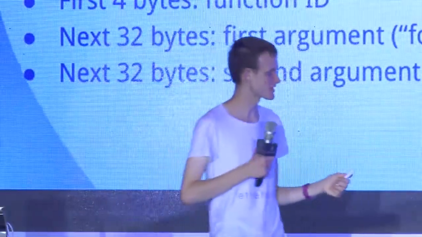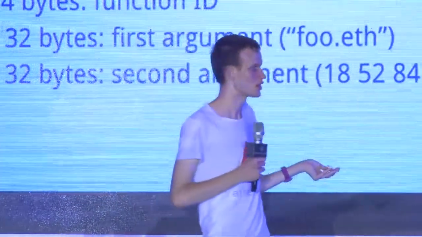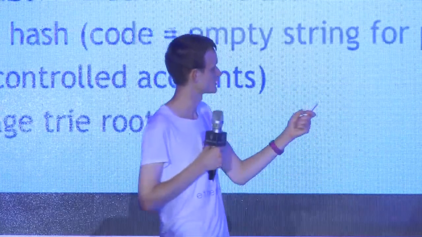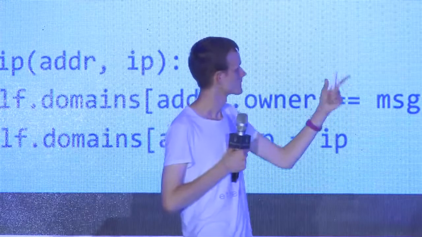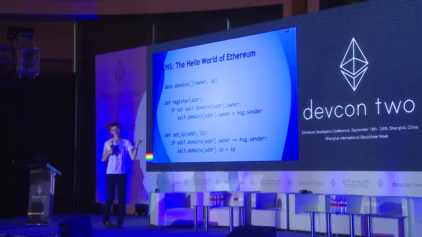ABI. So this is basically that if I want to call some contracts, and if I want to register a domain name, then how am I going to do that? Well, in the Serpent example, you might notice that I might want to call the setIP function with some particular address and with some particular IP address.